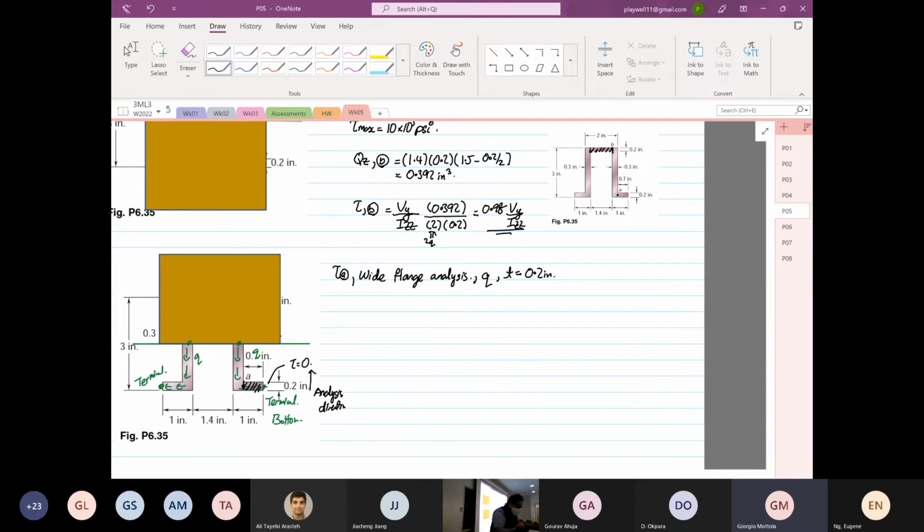Okay. Then from here, we want to find Qz at point A. Okay. So the width is equal to 0.7.